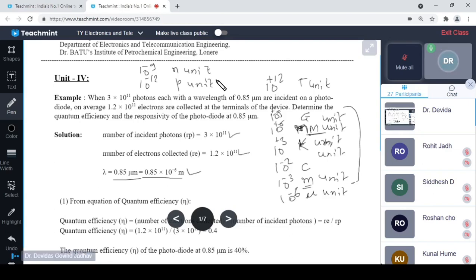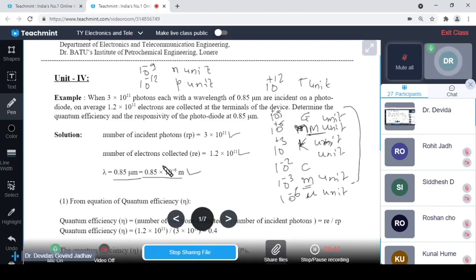We replace the small or capital letters with their power of 10 multiplicand. So micro is converted as 10 raised to minus 6. Micrometer is 10 raised to minus 6 meter.